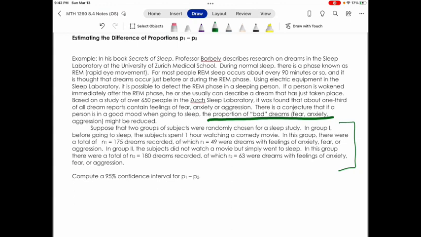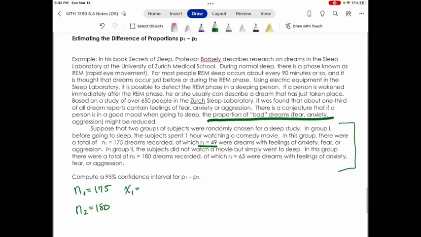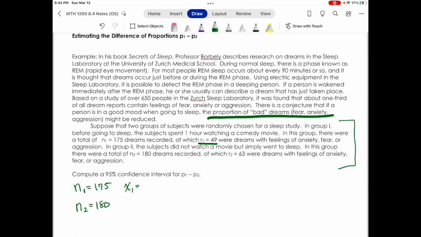So then it goes on to give all the information here about the 2 groups. So let's go ahead and write this down. We have our N1 is going to be 175. Our N2 is going to be 180. Now, it gives the number of successes. If we consider dreams with anxiety, fear, or aggression a success, then our X1, and this problem is labeled as R1, but it's the same thing as X1, our number of successes is 49.